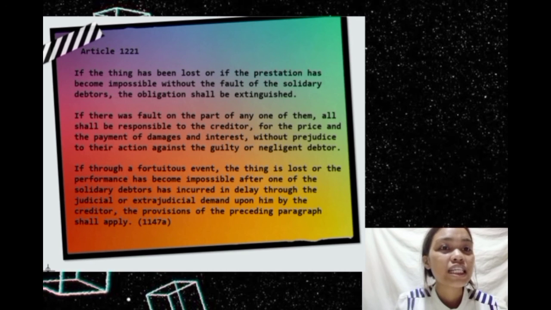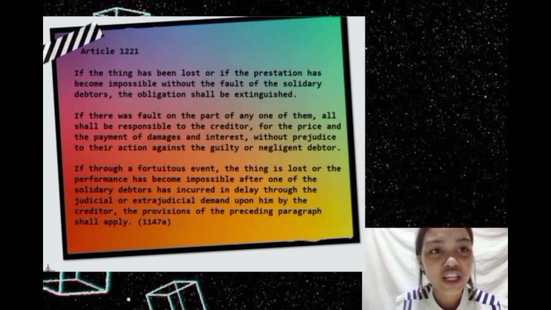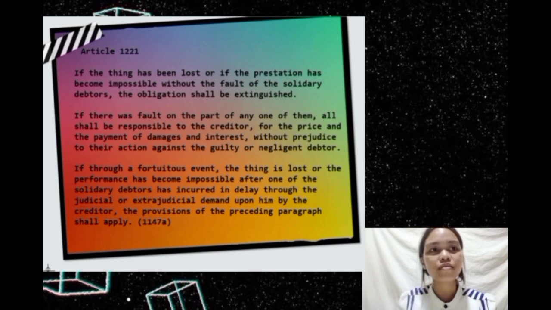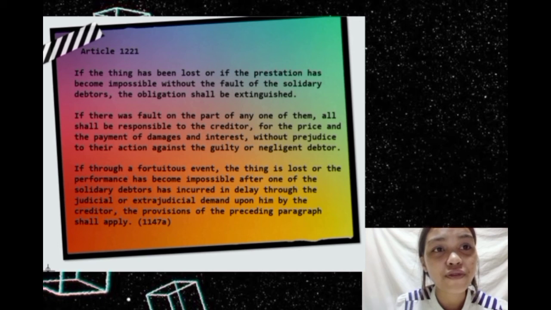So, this article gives rise to the rules in case the thing has been lost or the prestation has become impossible. If the thing is lost or the prestation becomes impossible, the liability of the solidary debtors depends upon whether or not there is fault or delay.